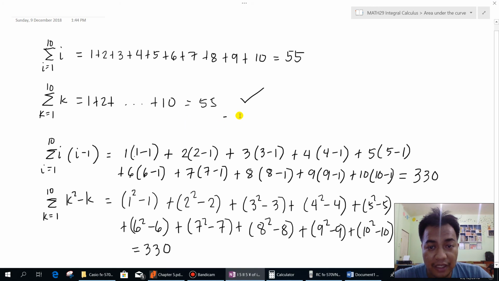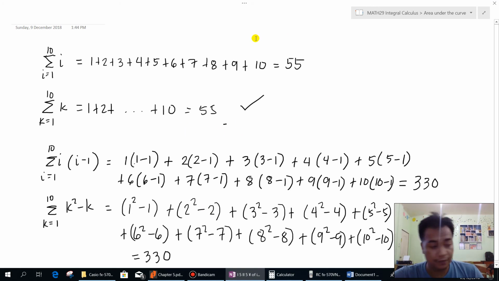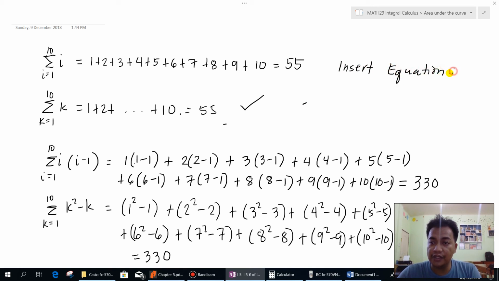Para mag-insert ng equation, the shortcut method for insert equation is alt, and then dapat simultaneously press with yung plus sign. Yung sa baba niya equals, plus equals. Alt and then plus equals.